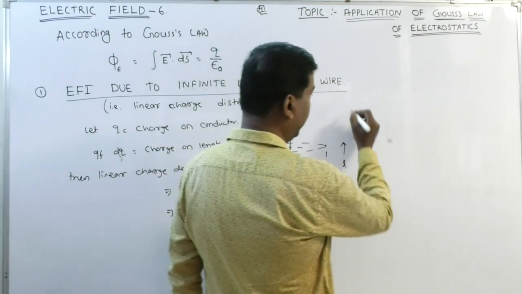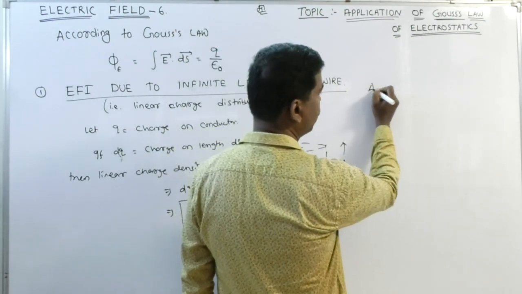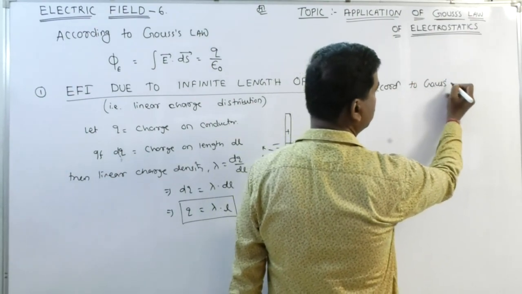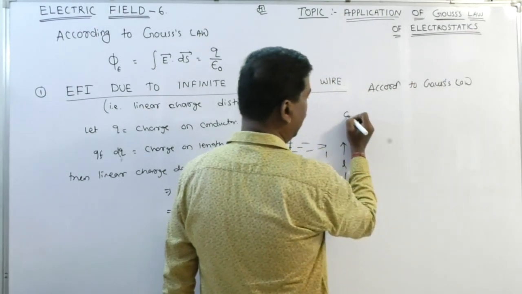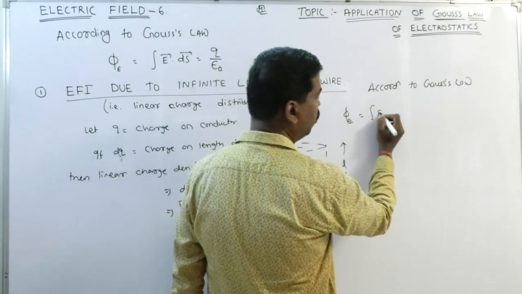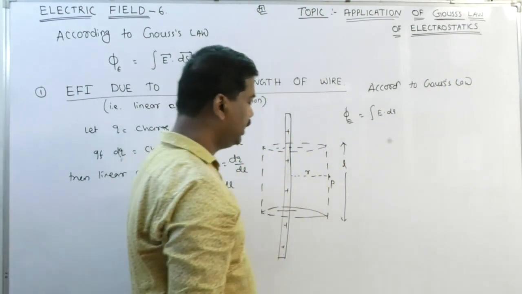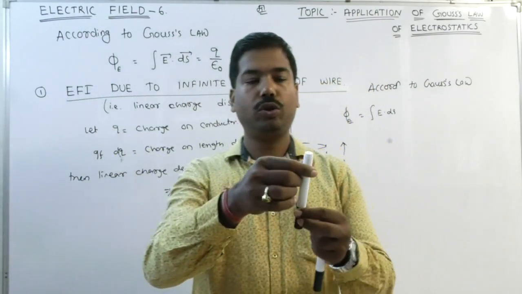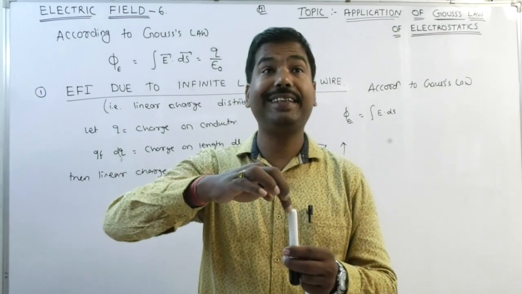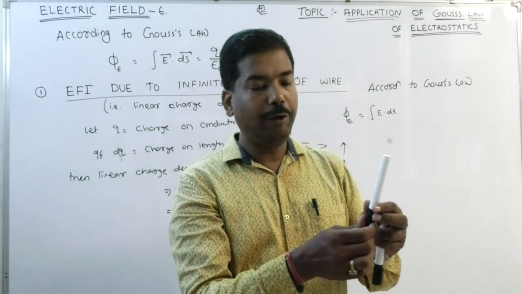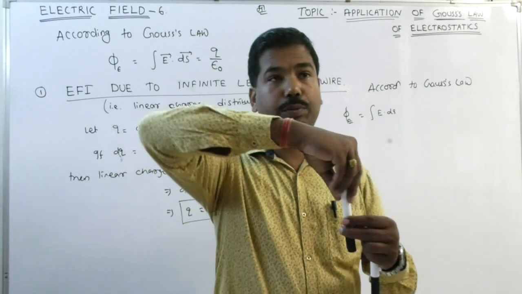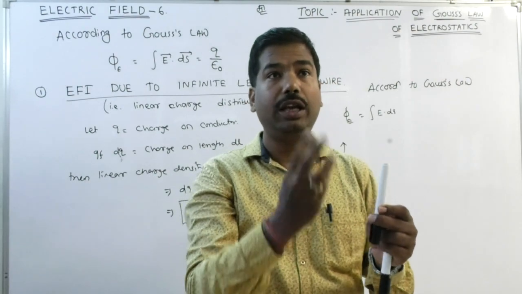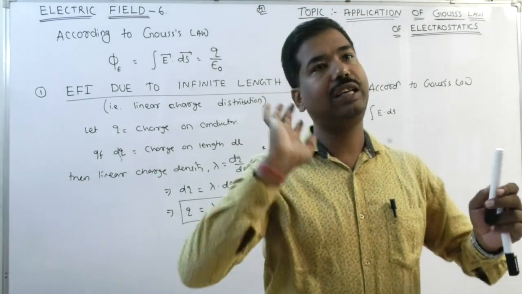So according to Gauss law, the flux linked across it is equal to E dot ds, because there are three types of surface. Let us imagine this is a cylinder. Its length is L and its radius is R. Clear? So how many surfaces are there? This is the curved surface, and this is top and this is base. It means there are three surfaces.